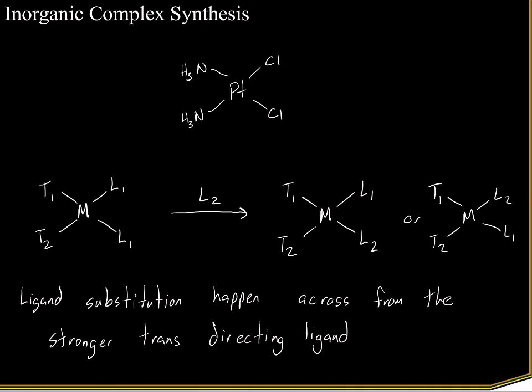So for our trans directors, this is not a list, again, that you need to memorize. If you're expected to use this, you'll be given some form of this list.